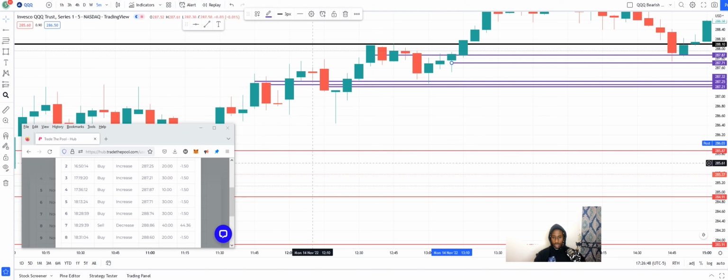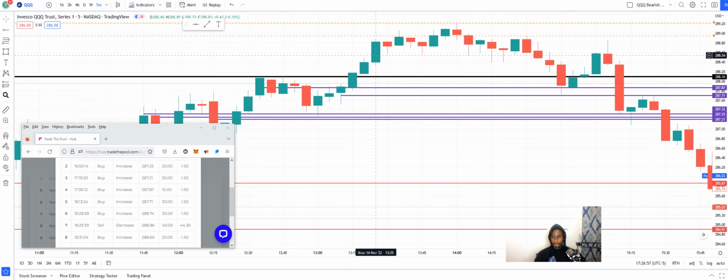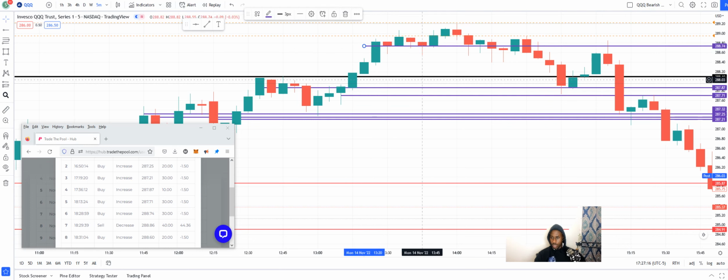So 128 would be on the 125 candle. 125 at 28874. Is that a huge candle or what? 125, 120.